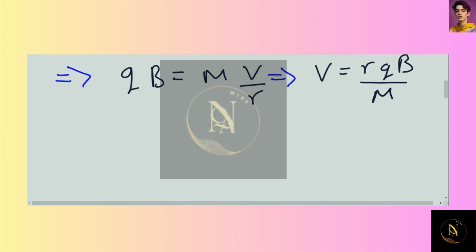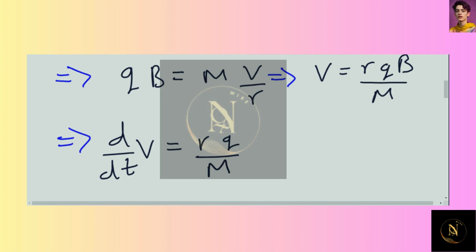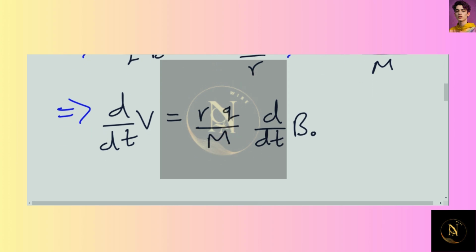And now we can take the derivative with respect to time of the velocity, which we get as, again, r times Q divided by m. And a derivative with respect to time goes to the B field, and we end up with d/dt B naught.